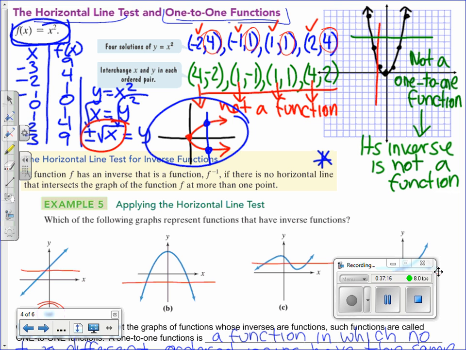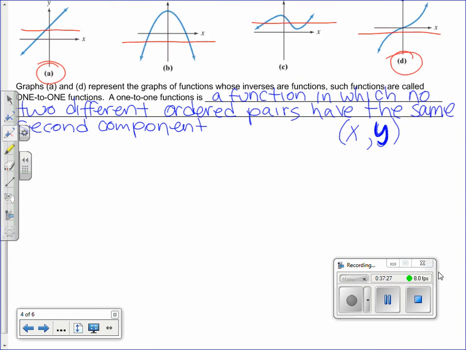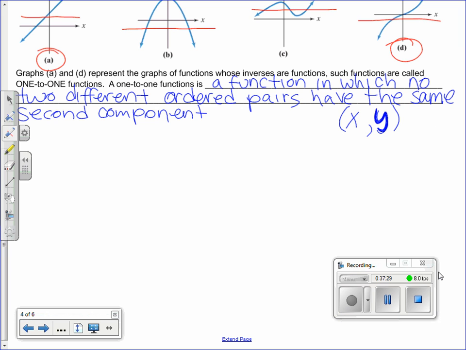That also comes from the fact that it is symmetric with respect to the y-axis. So that's why the second components are repeating. So one-to-one functions are functions in which no two different order pairs have the same second component.